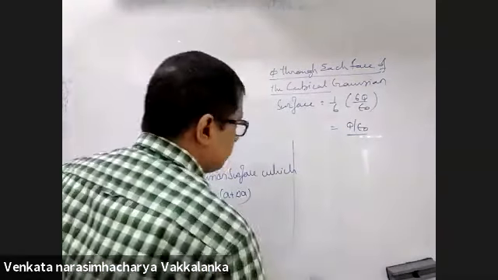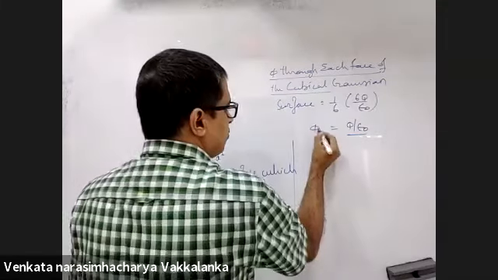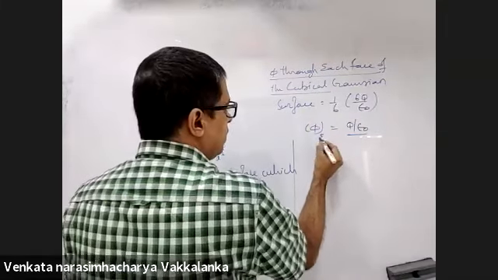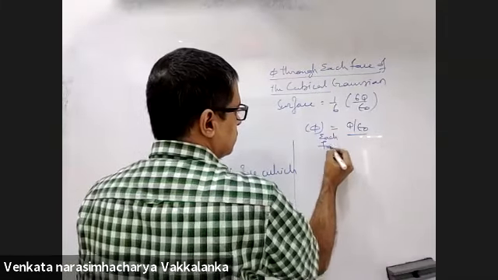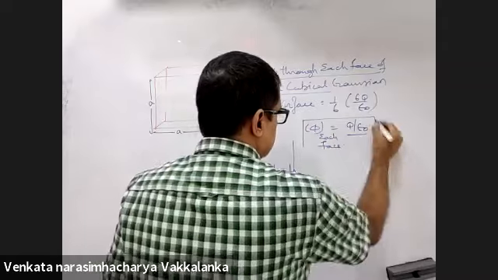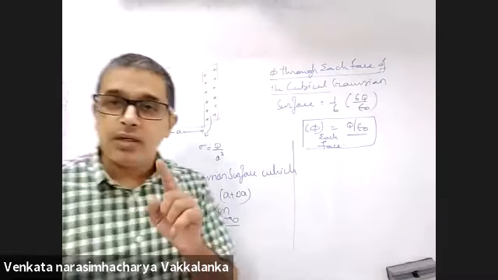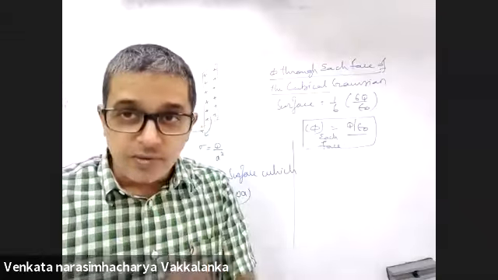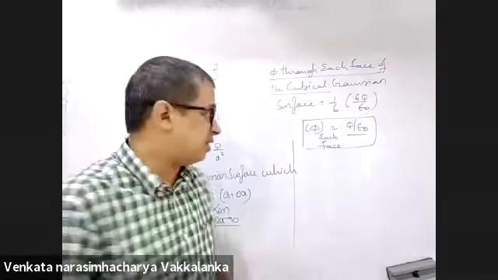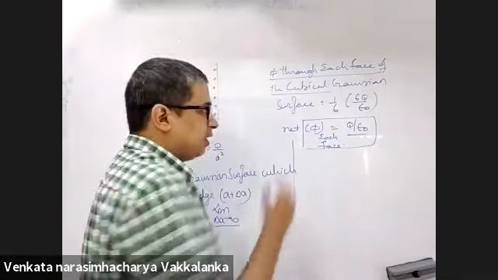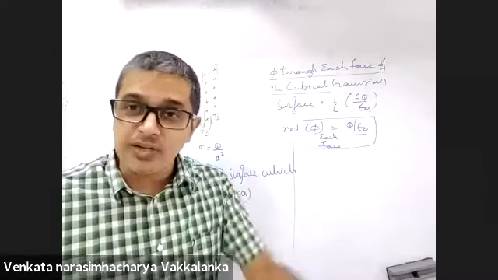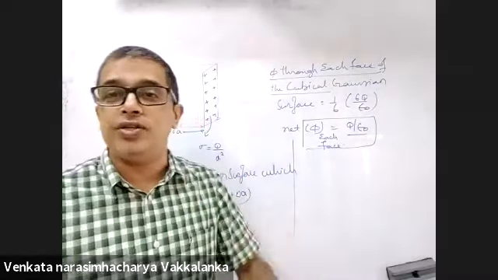Now, this is the net flux through each face of the cubical Gaussian surface.